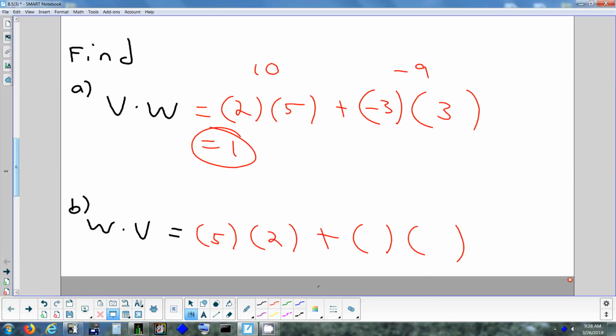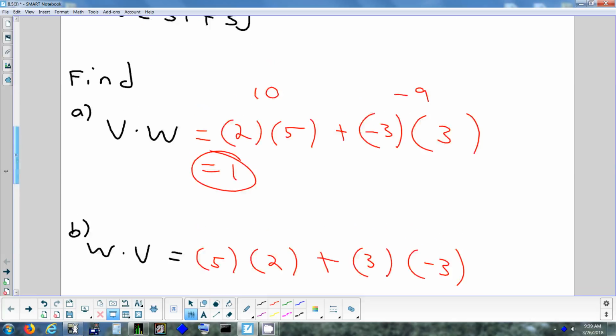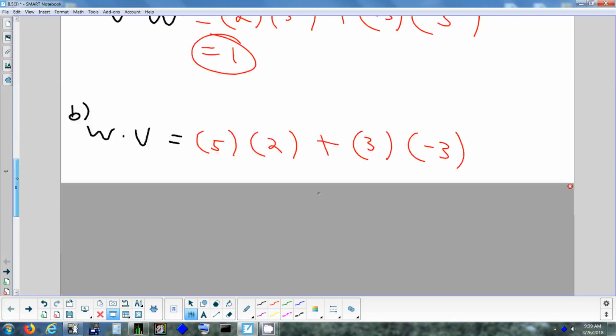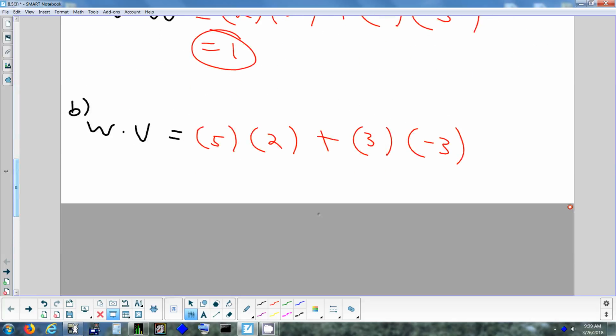Yep. And then the next two? 3 and negative 3. So now we did 5 times 2, 3 times negative 3. What's the dot product there? Yeah, it's 1.